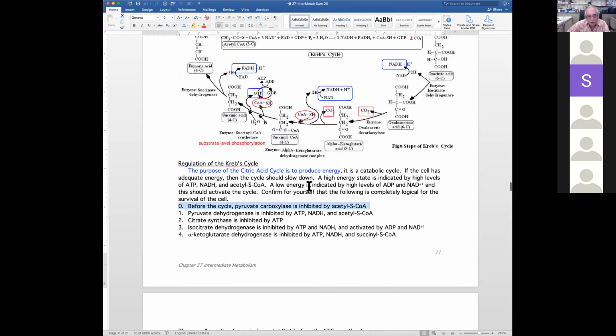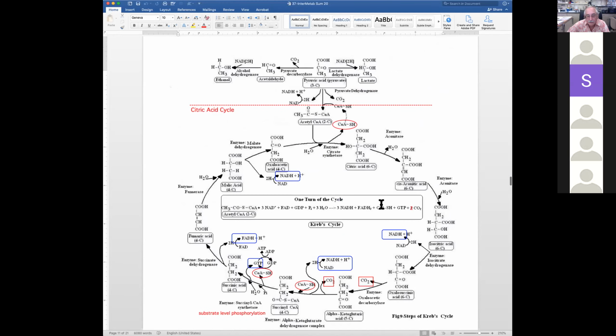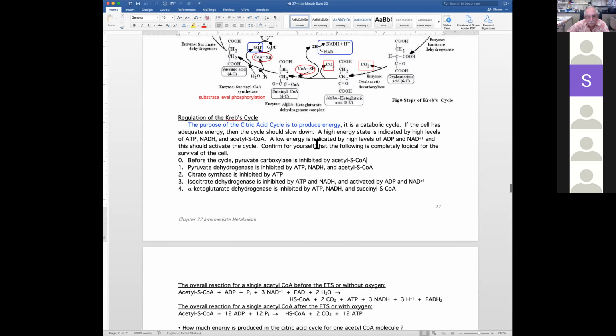Before this cycle, pyruvate carboxylase is inhibited by acetyl coenzyme A. Why would that be the case? Because that's the product. That's simple product inhibition right there.